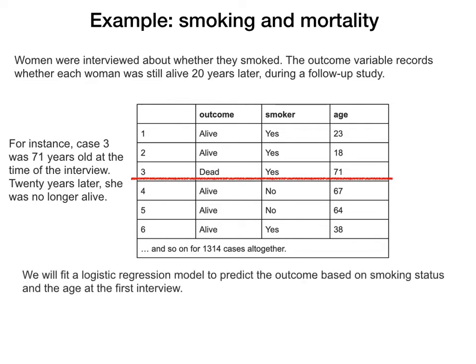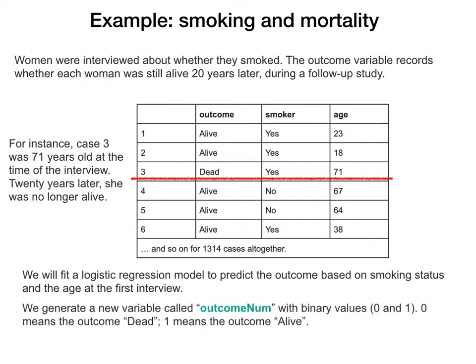We will fit the logistic regression model to predict the outcome based on smoking status and age. So we know that age is an important factor for mortality. The older you are, the more likely you are going to be dead. So just according to the natural rule. And we are also interested in how smoking affects mortality.